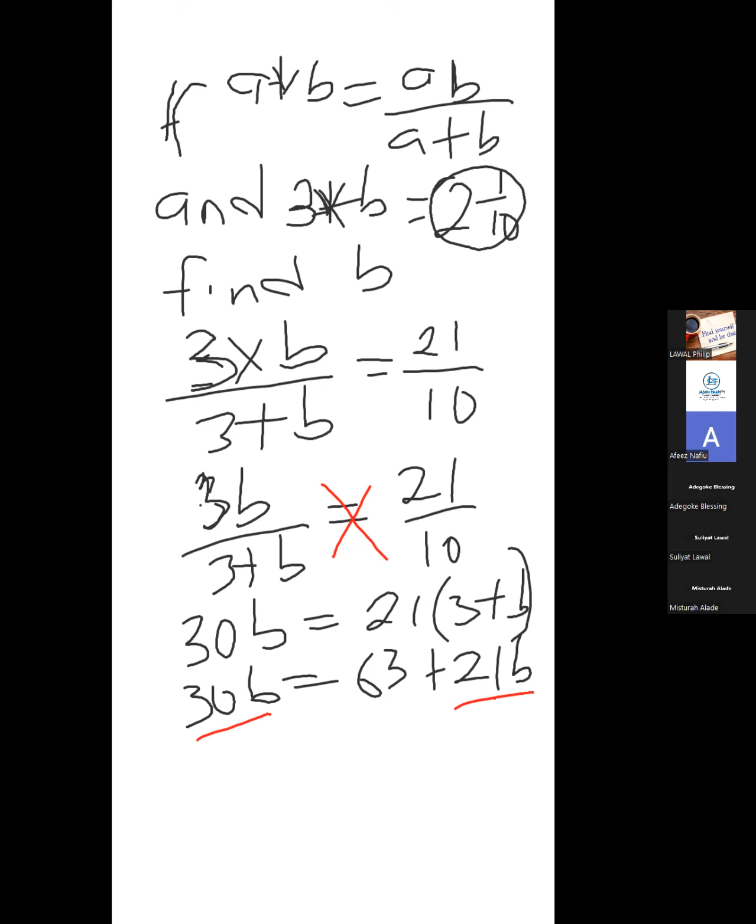By the time 21B crosses to the other side, it will carry negative. So you have 30B minus 21B, which gives 9B. 9B will be equal to 63. Then you divide both sides by 9. 9 over 9 is 1, and 63 over 9 is 7. That means B is equal to 7.